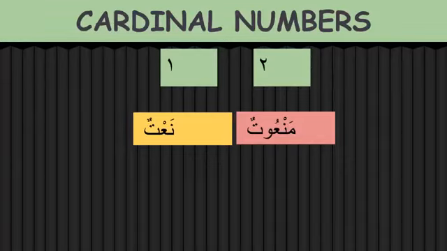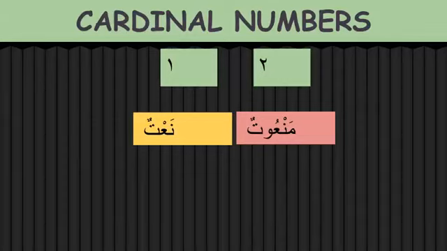For example, if you want to say one pen, we say qalamun wahidun. We don't say wahidun qalamun; that will be wrong. In English we say one pen, the number first and the noun afterwards. In Arabic it's the other way around for 1 and 2, where the noun comes first: qalamun wahidun, kitabun wahidun, rajulun wahidun.